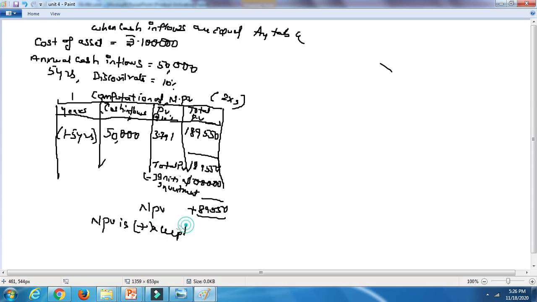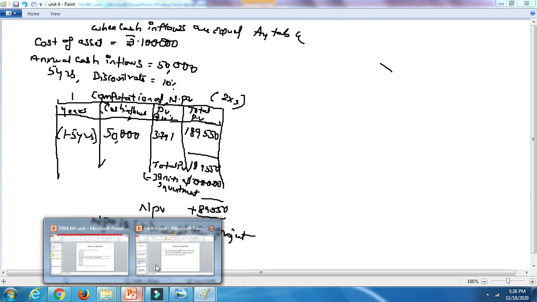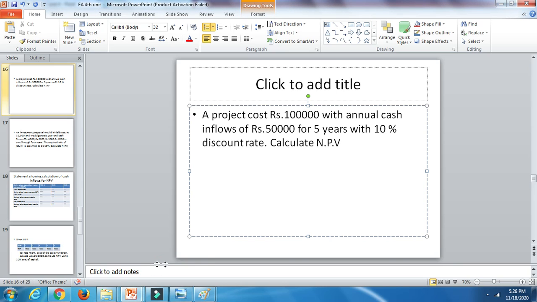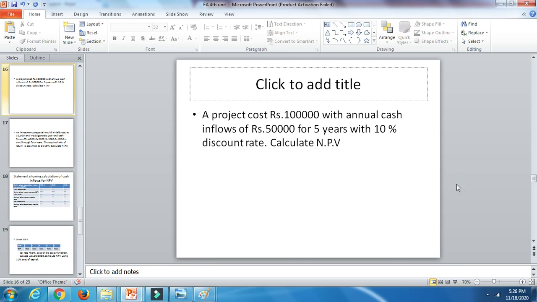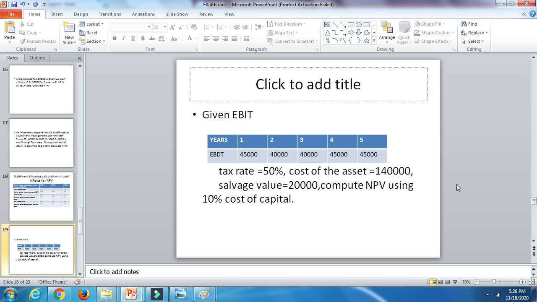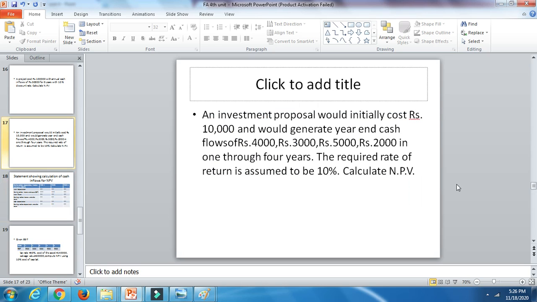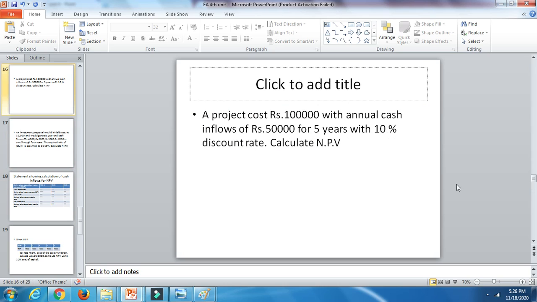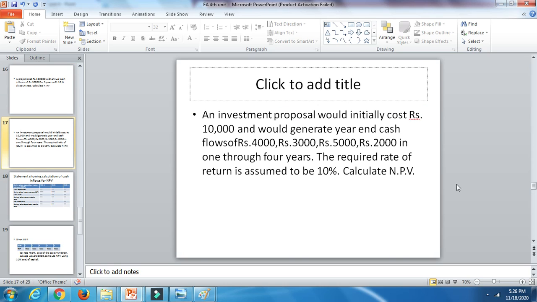Let me explain another problem also. An investment proposal costs rupees 10,000. It would generate year-end cash flows of 4,000, 3,000, 5,000, and 2,000 for years 1 through 4.